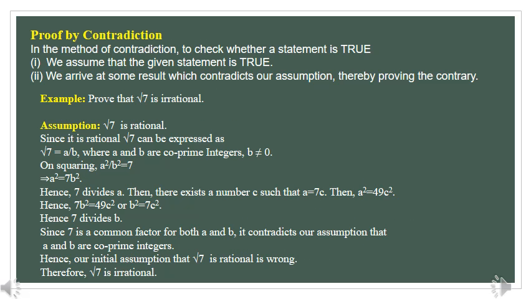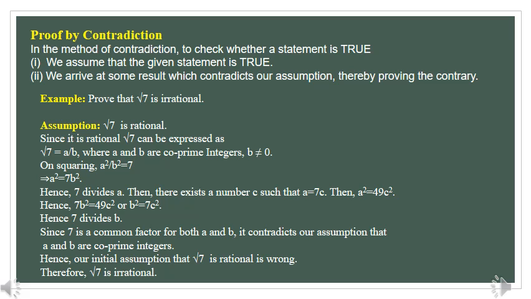Dear students, here is one of the methods by which we prove the irrationality of a number. Let's see the example. Here we will prove that root 7 is an irrational number.